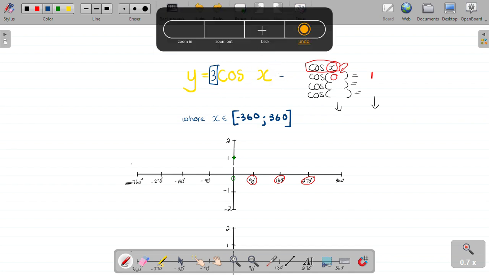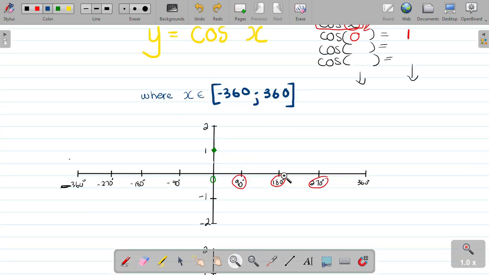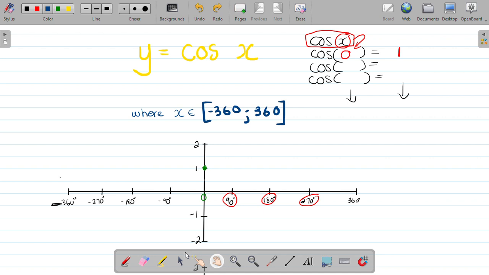Okay, so that's what I mean. So the standard cos graph will start, you can almost say, have a value of 1 when the x interval is 0. Okay, right, let's continue. What we're going to do is just keep substituting in the values.